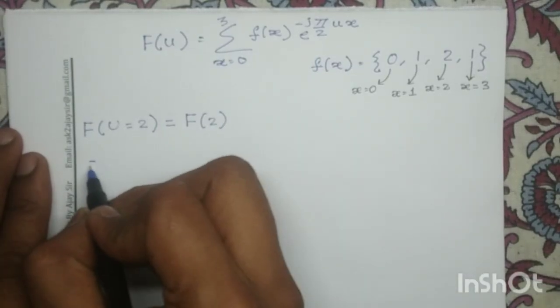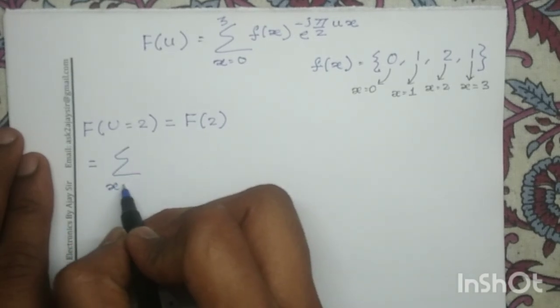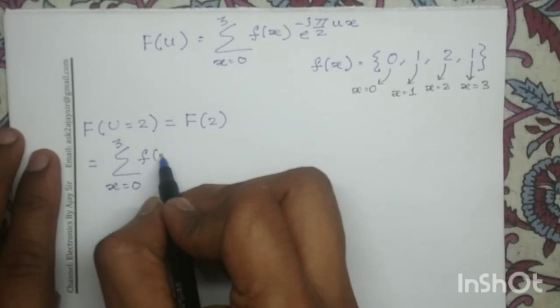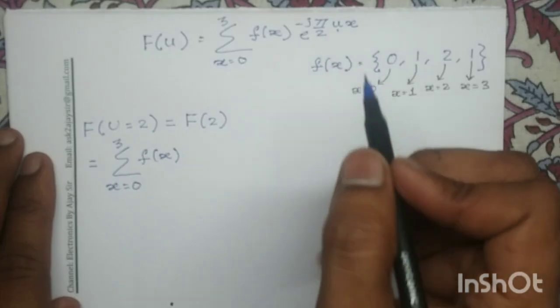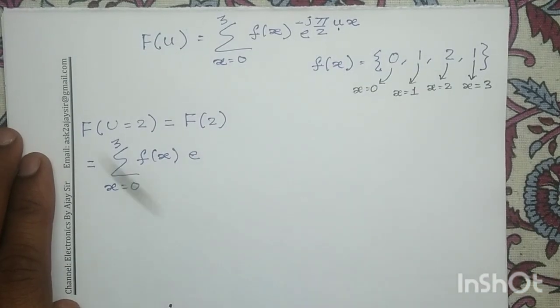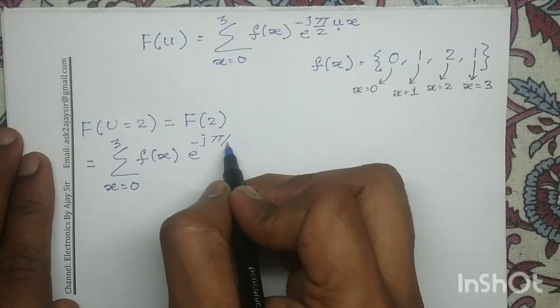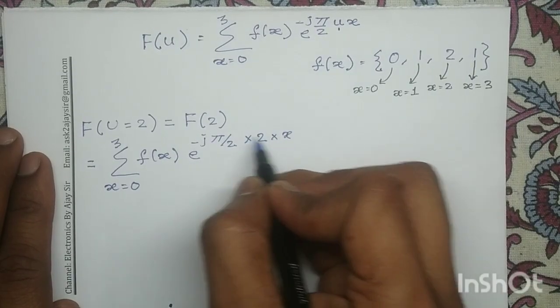So the expression reduces to the summation for x equals 0 to 3 of f(x). In place of u, we will substitute 2. So the expression becomes e to the power minus j π/2 into 2 into x.